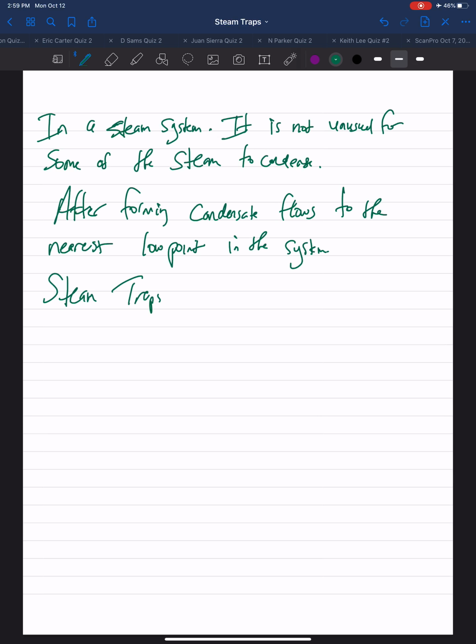Steam traps are used to remove condensate from steam lines.